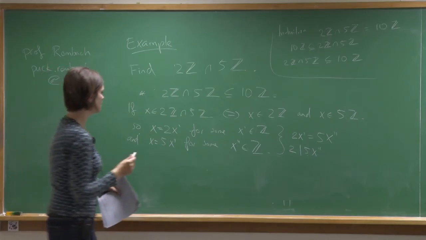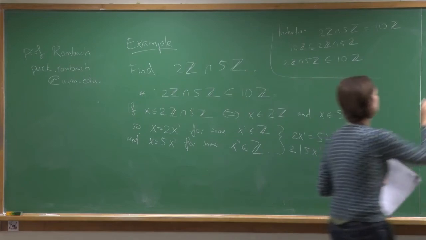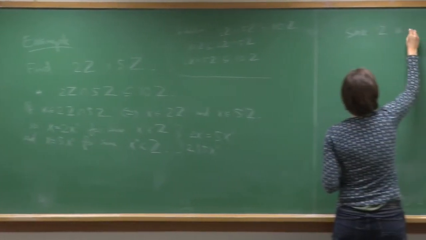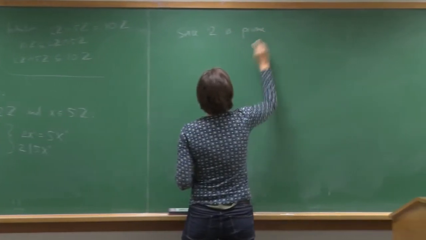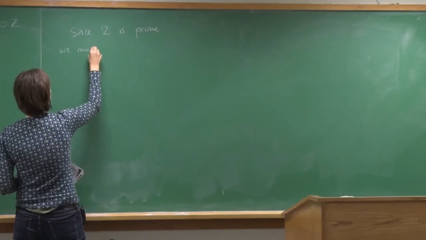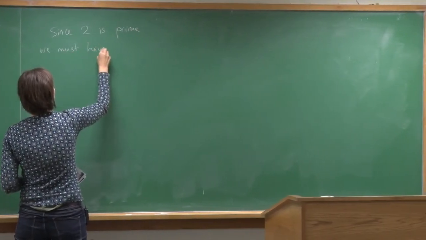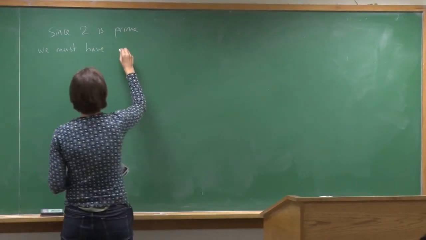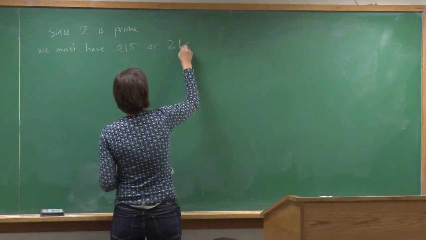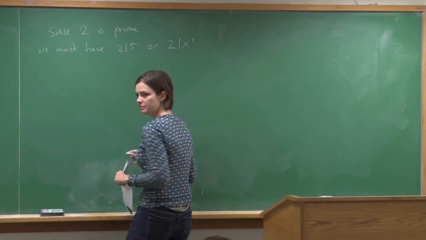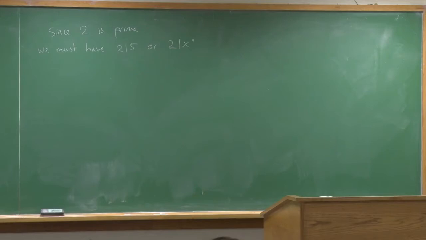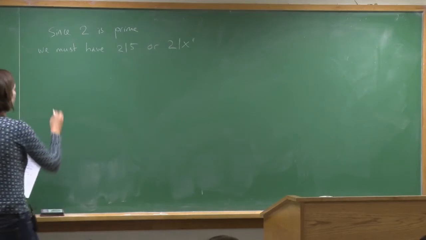Right, so since 2 is prime, we must have that either 2 divides 5 or 2 divides x double prime. But of course 2 doesn't divide 5.